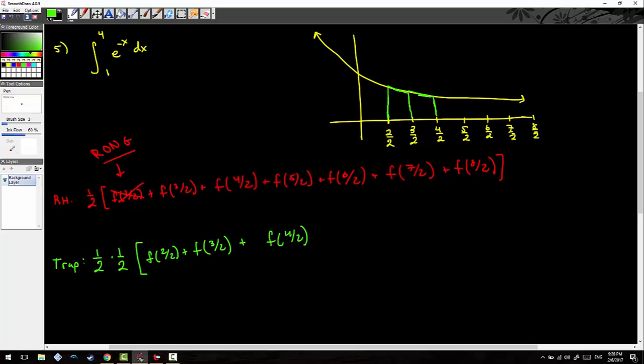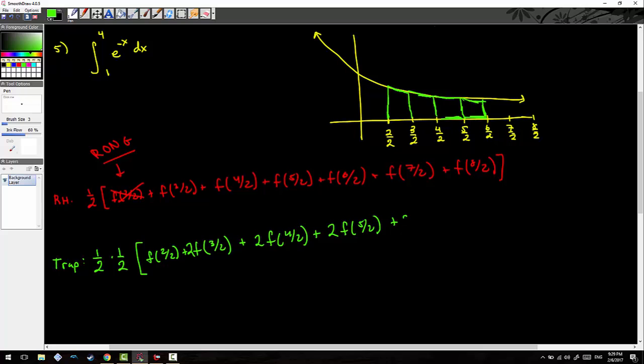Now, if you look at 3/2, notice how it was used as the latter base of the first, but it's also the first base of the second, which means there's 2 of those f of 3/2. I think you guys are going to start to see a pattern here, where the 4/2 is going to be used twice, the 5/2 is going to be used twice, once as the latter end, once as the former end, yeah?